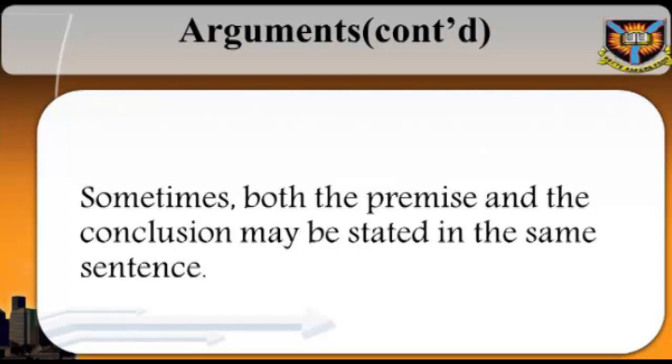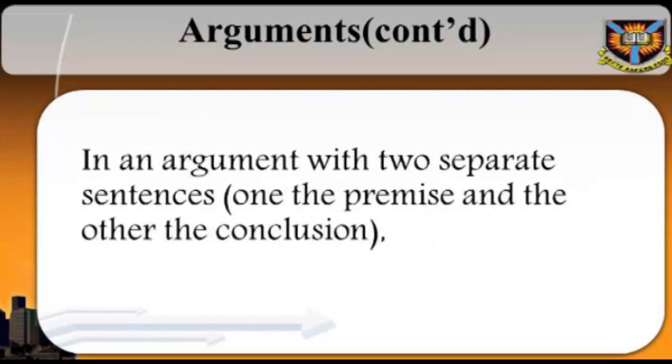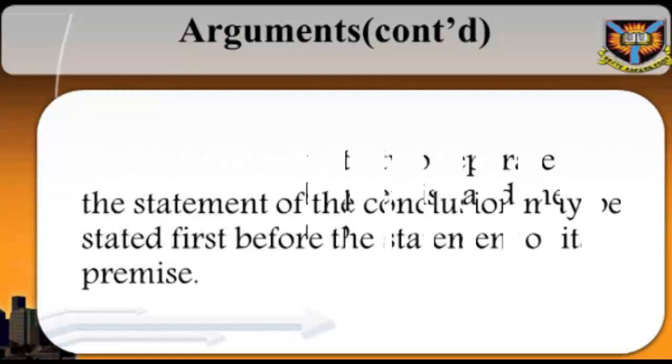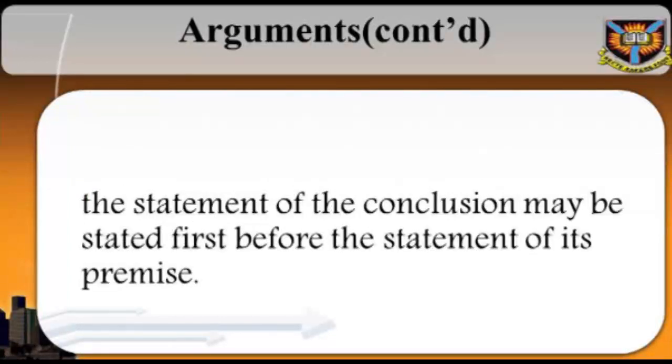So, it seems possible that our response to being handled as infants is similar. In an argument with two separate sentences, one the premise and the other the conclusion, the statement of the conclusion may be stated first before the statement of its premise.